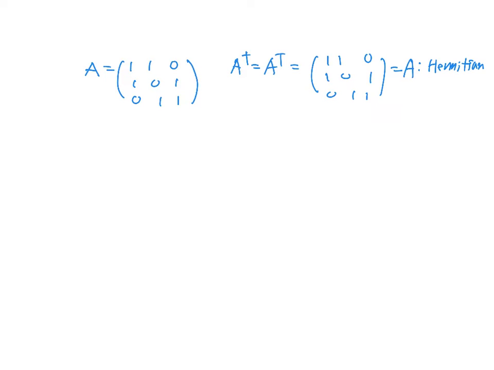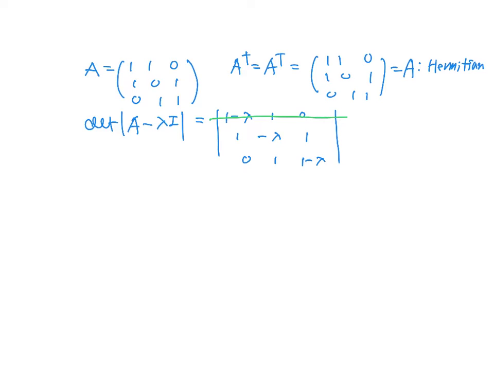So the first thing we need to do is solve the eigenvalue problem. So the determinant of A minus lambda I, where A minus lambda I is (1 minus lambda, 1, 0; 1, minus lambda, 1; 0, 1, 1 minus lambda). For a 3 by 3 determinant we need to expand over minors, right? Let's use the first row.